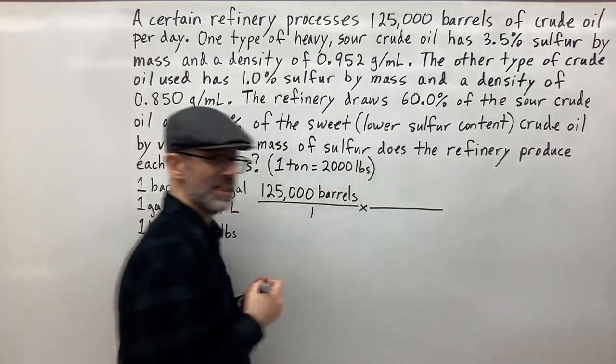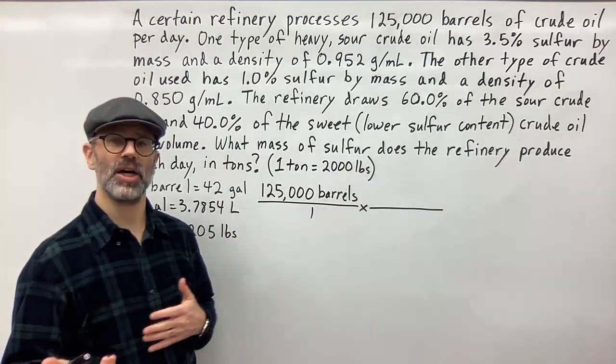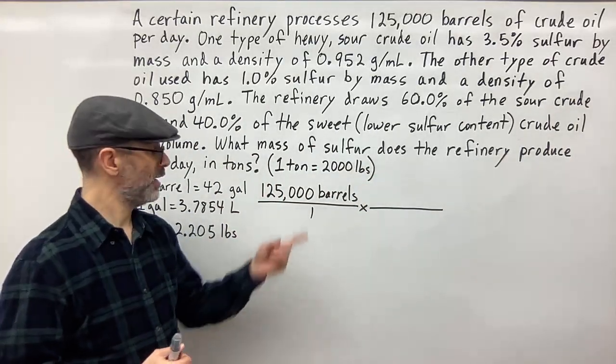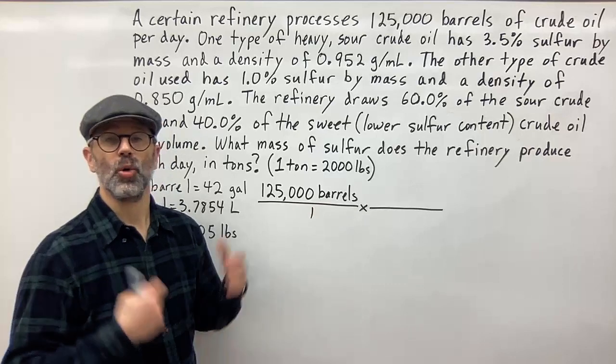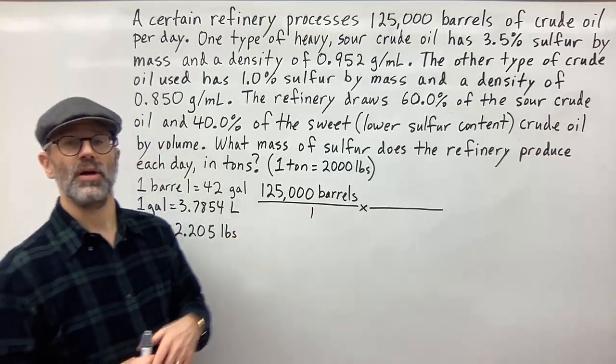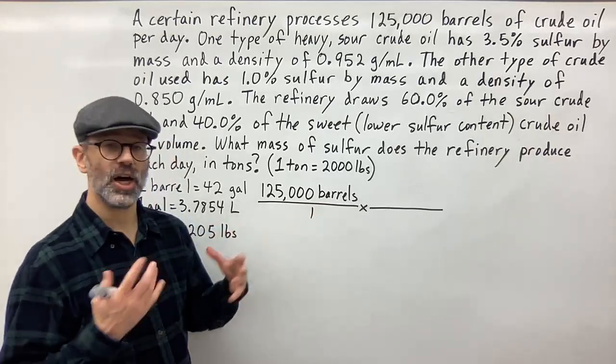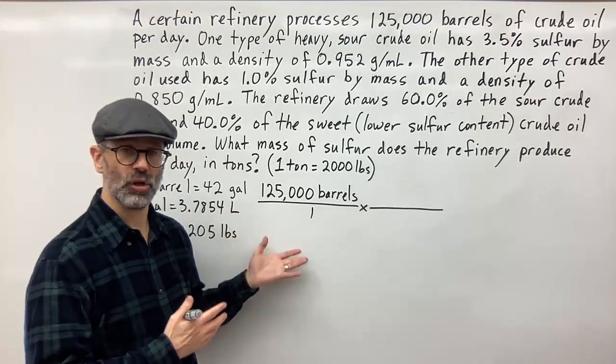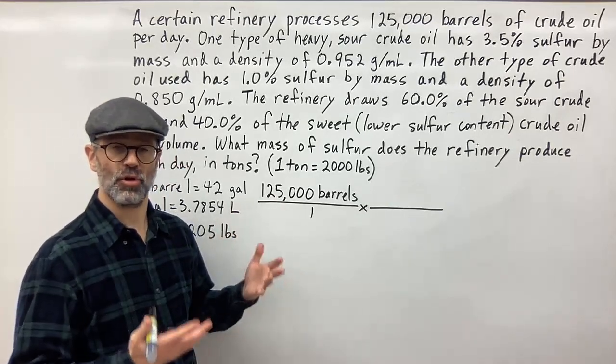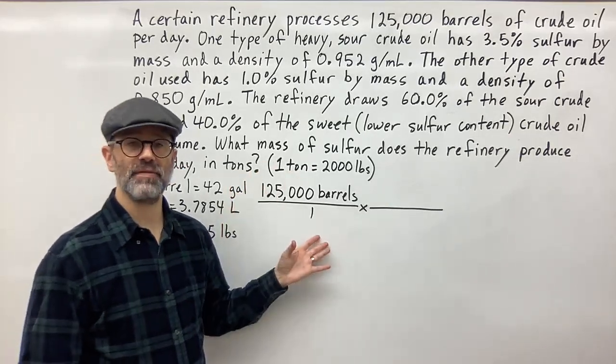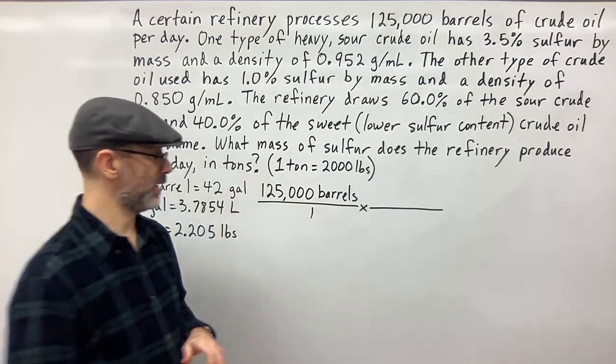So remember, 60% means 60 out of 100. Since this is volume and barrels is a volume, we're going to use barrels. So out of 100 barrels of crude oil that's produced, 60% of that crude oil is the sour kind.